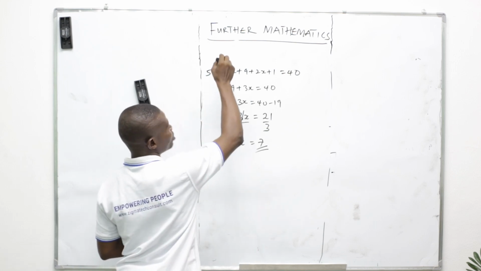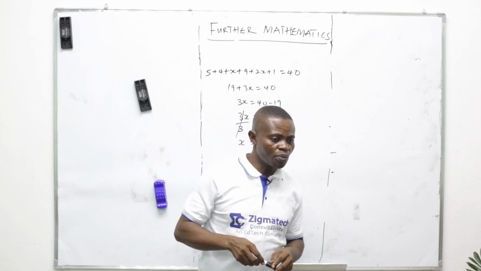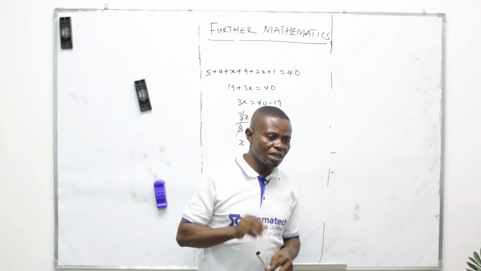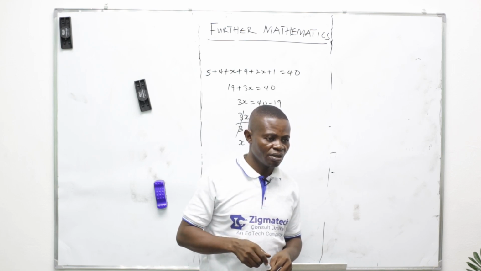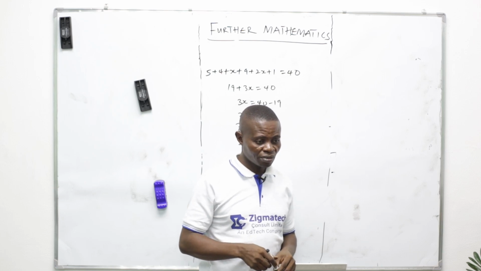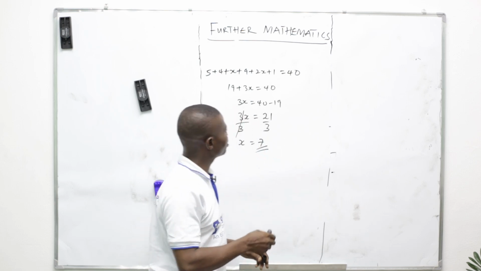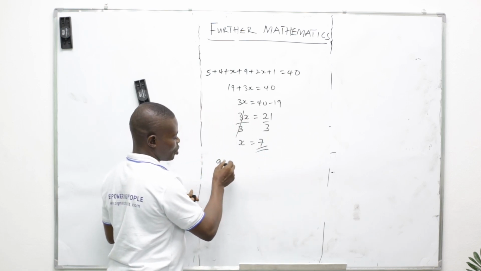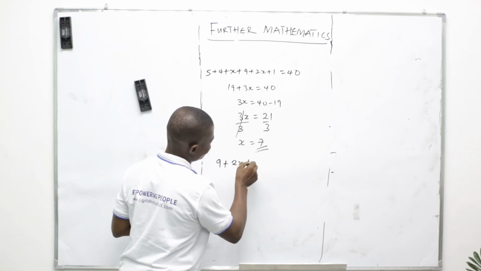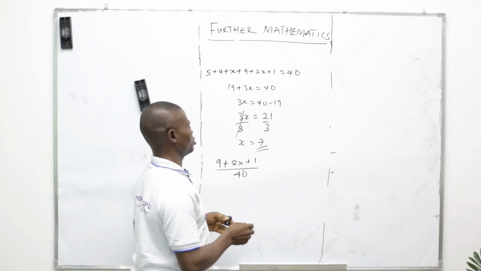Recall our table is there. So the question is probability that the hunters covered at least 6 kilometers. 6 kilometers will mean from 9 plus 2s plus 1 all over total. The total is what? 40.